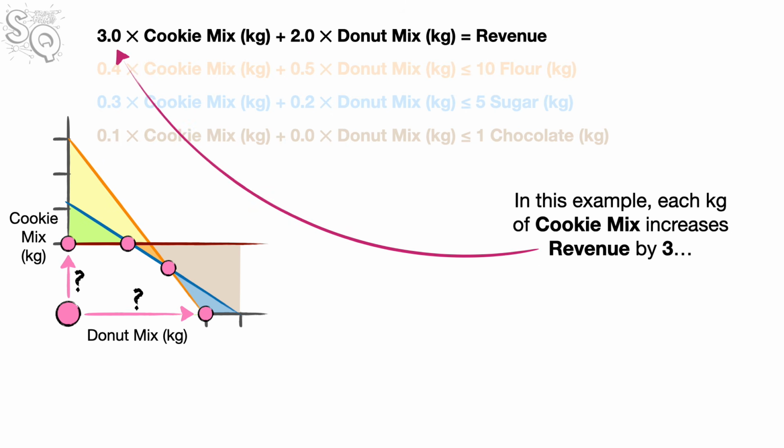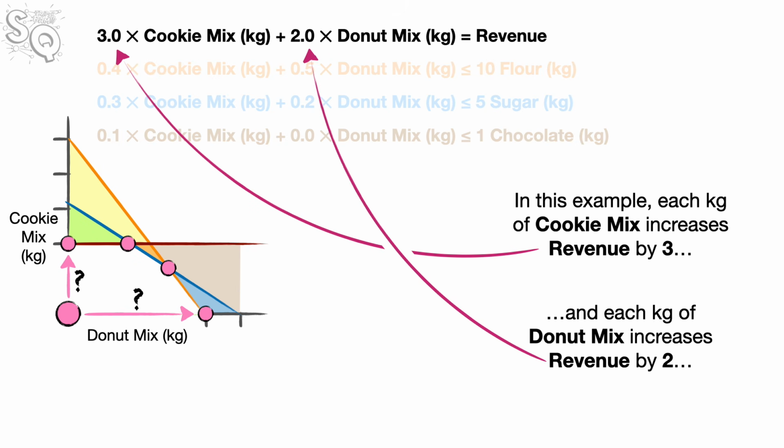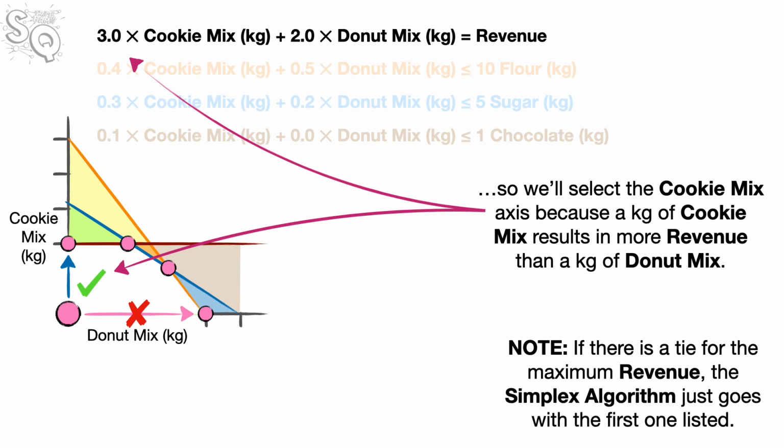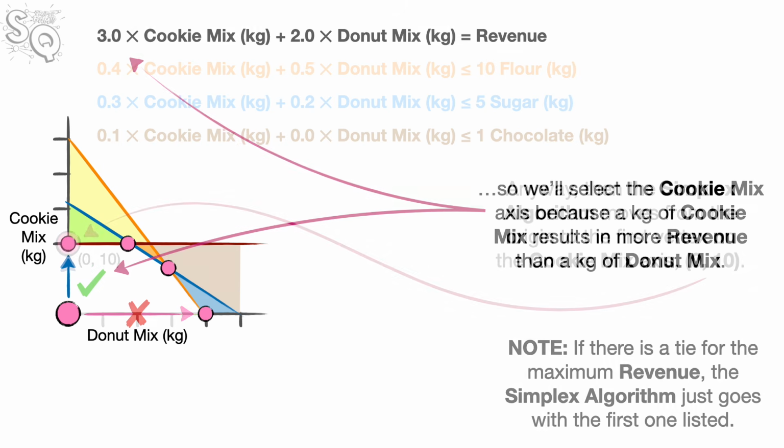In this example, each kilogram of cookie mix increases revenue by 3, and each kilogram of donut mix increases revenue by 2. So we'll select the cookie mix axis because a kilogram of cookie mix results in more revenue than a kilogram of donut mix. Note, if there is a tie for the maximum revenue, the Simplex Algorithm just goes with the first one listed.